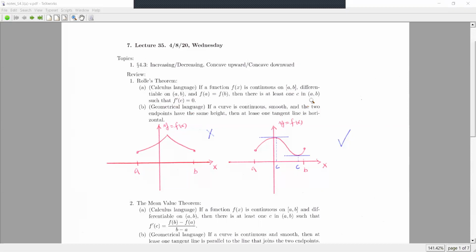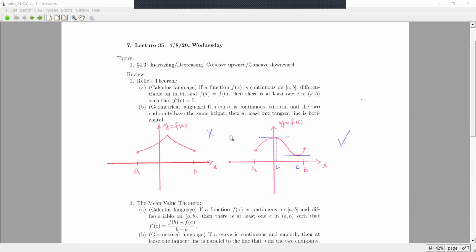Open interval doesn't contain the endpoints, so c is in this open interval. That means that c is greater than a and less than b. c is between a and b.